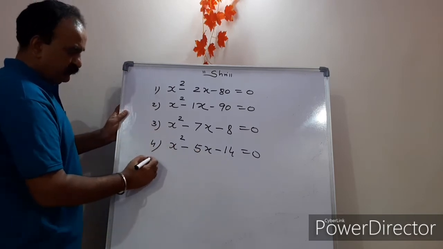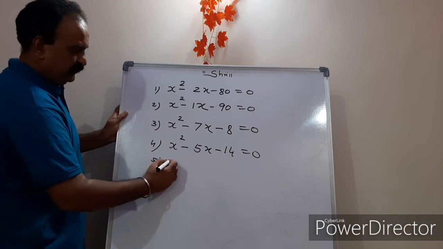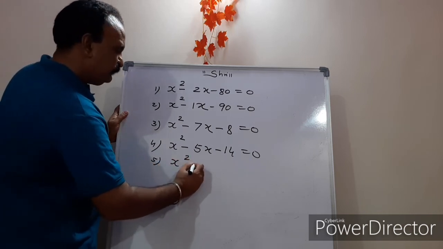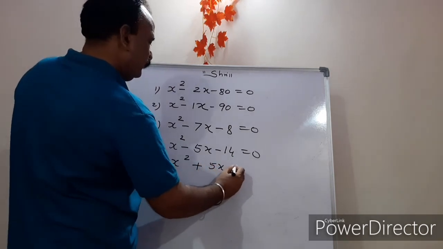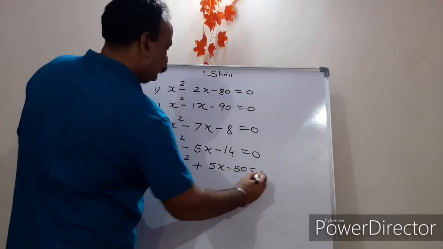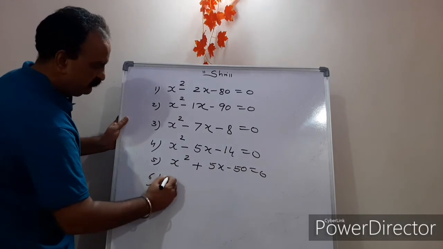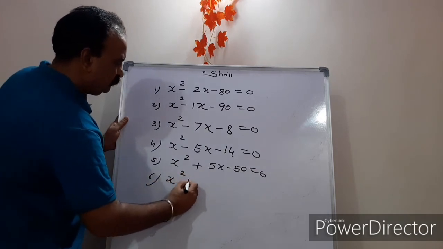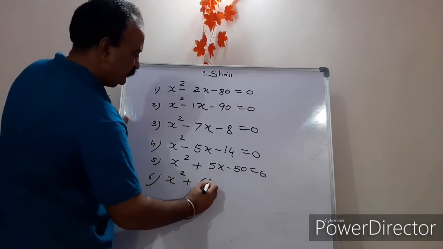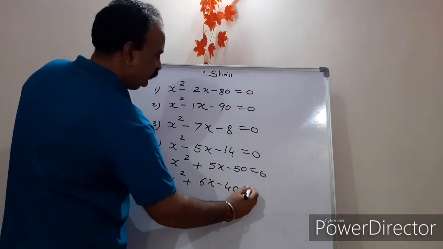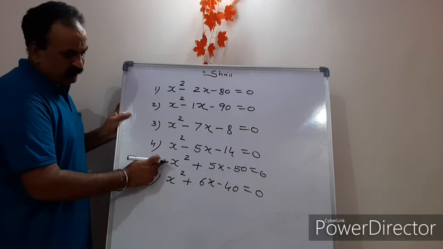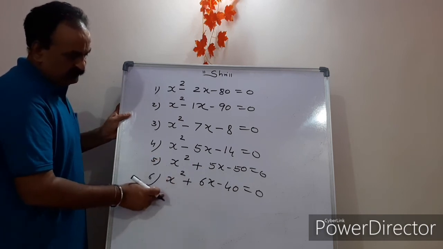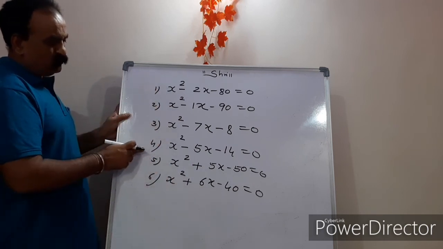Now today here, 5th is x square plus 5x minus 50 equal to 0. 6th is x square plus 6x minus 40 equal to 0. Now these two questions are based on today's lecture, 5th and 6th, and questions 1 to 4 are based on yesterday's lecture.